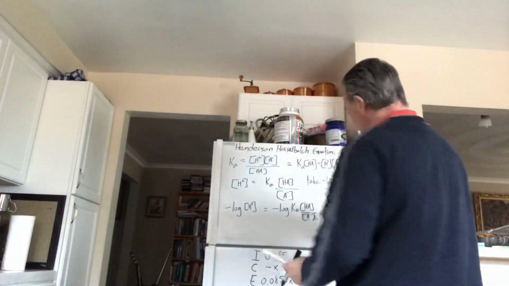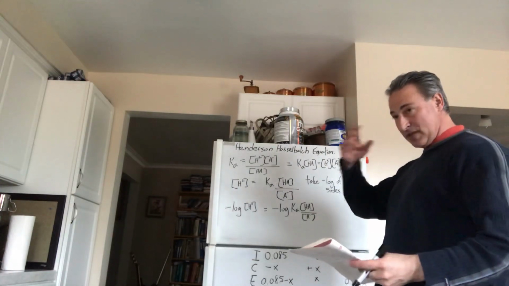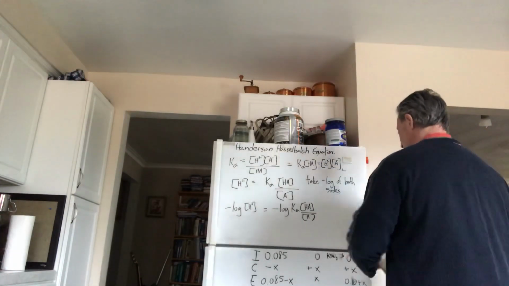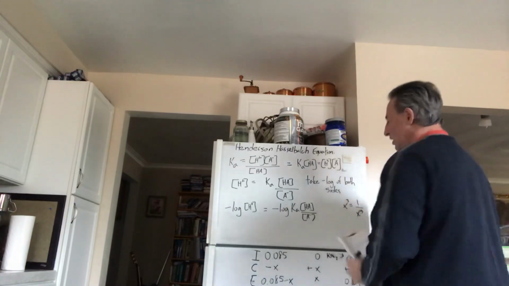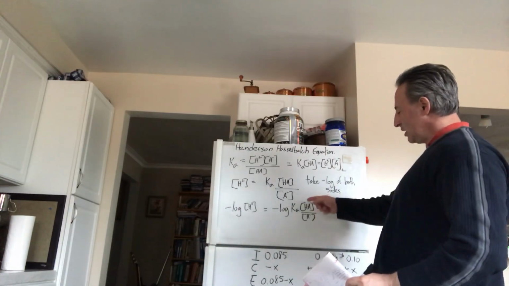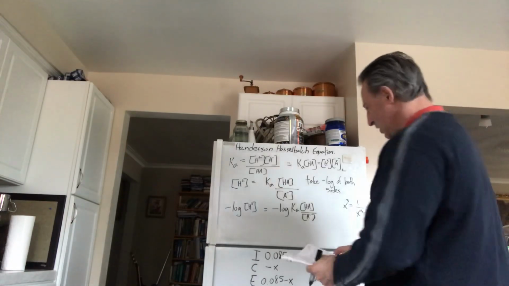Now, when you flip this over, it becomes the opposite. For example, if I said x to the power of 3, I could rewrite it as 1 over x to the power of negative 3. So we're going to do the same thing here. When we flip this over, the powers become negative. So you can subtract it.